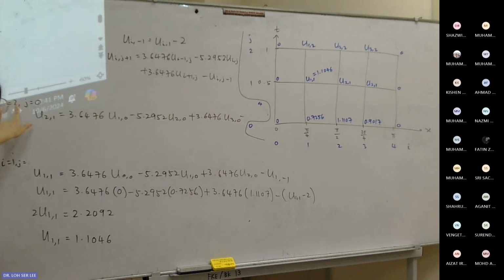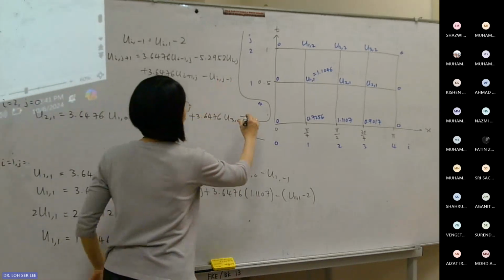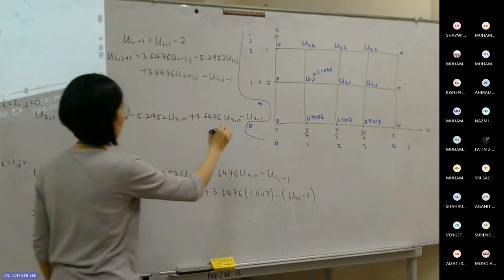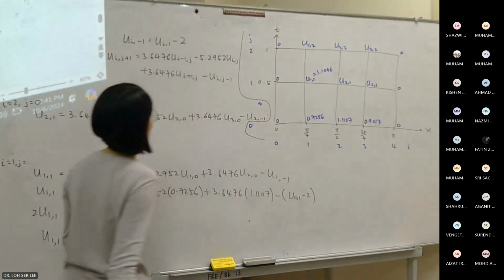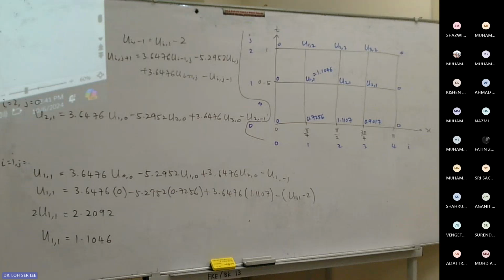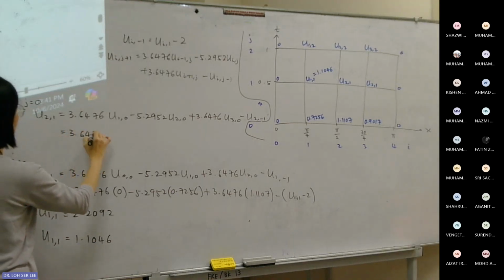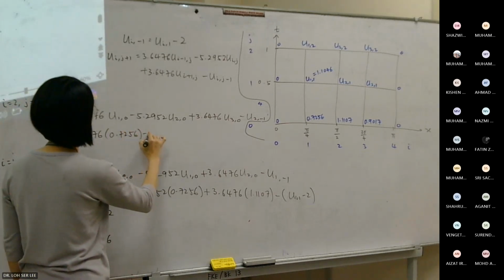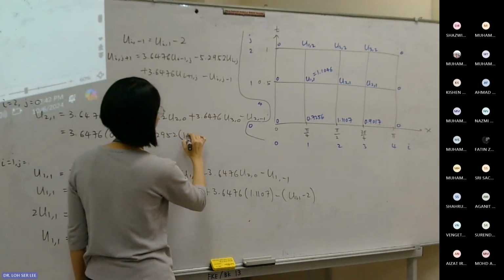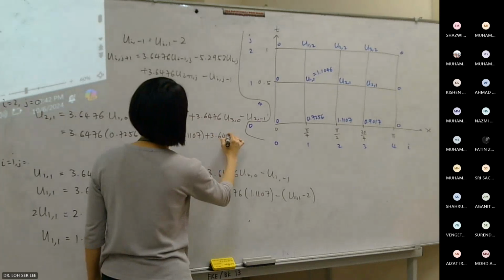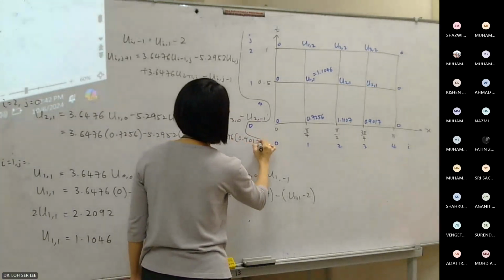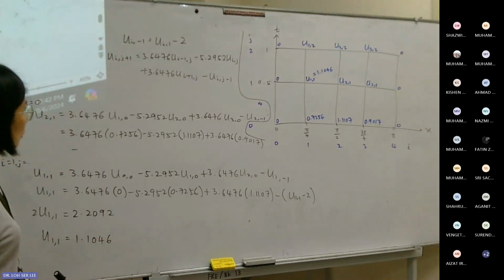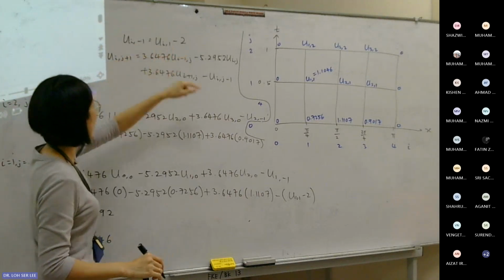Okay, I is 2 now, so you have 2, negative 1. U2, negative 1 means U21 minus 2.